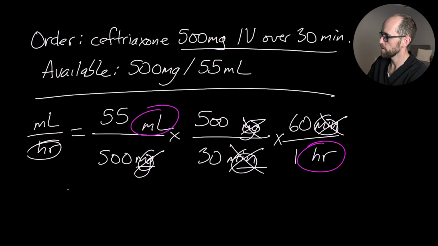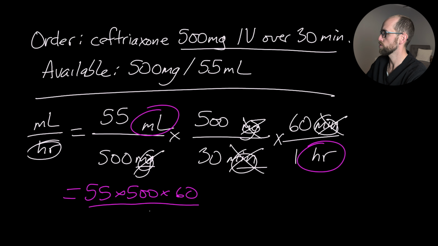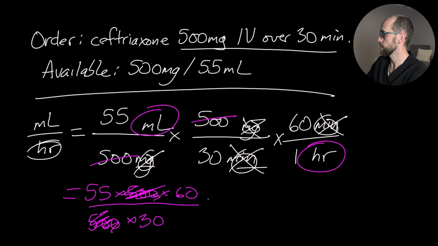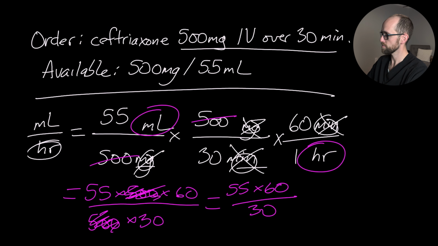So let's do our math. We have 55 times 500 times 60 over 500 times 30. Now you could do this math, or if you want, you could cross out this 500 and this 500, so we can get rid of this and this, and that gives us 55 times 60 over 30.